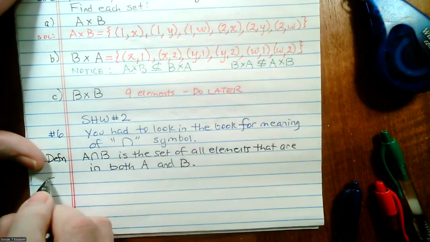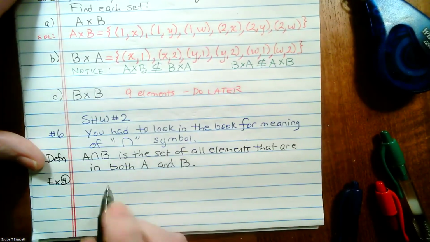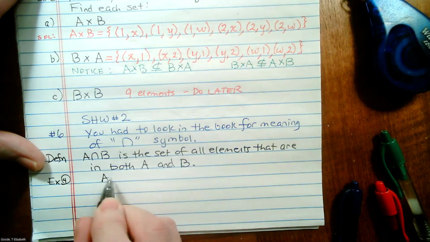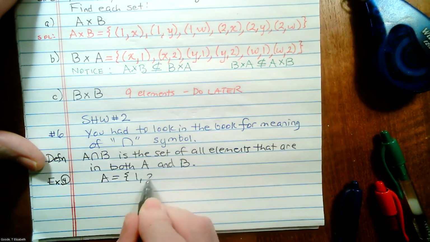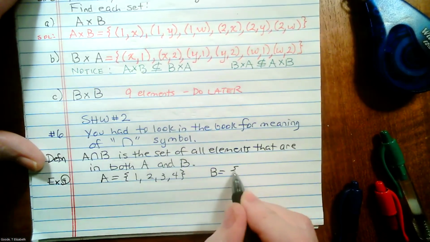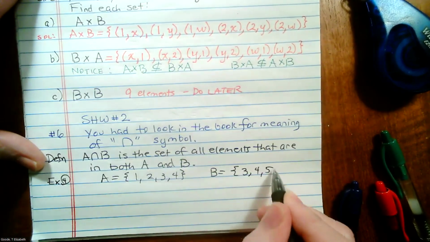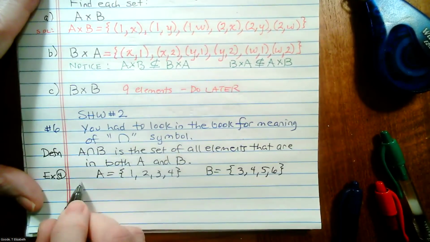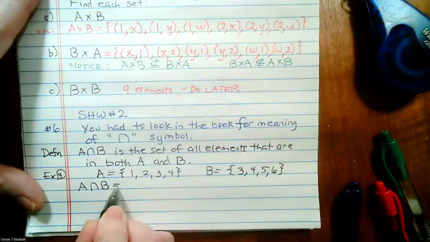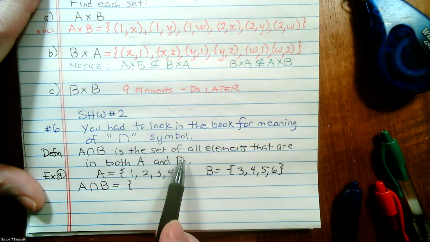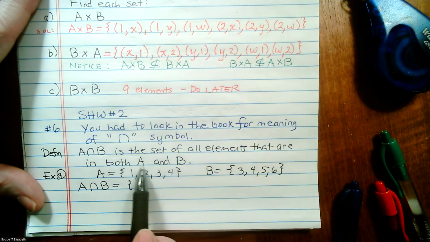Okay, so here's an example, just a silly little example. If we let A be the set 1, 2, 3, 4, and B be the set containing 3, 4, 5, 6, what is A intersect B? The elements that are in both the sets.